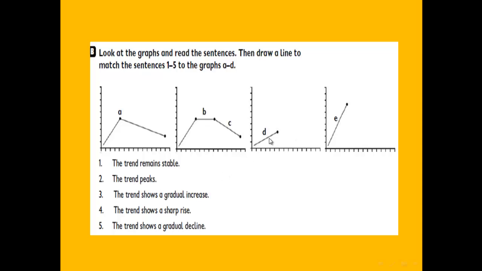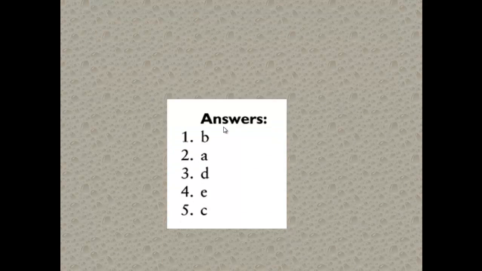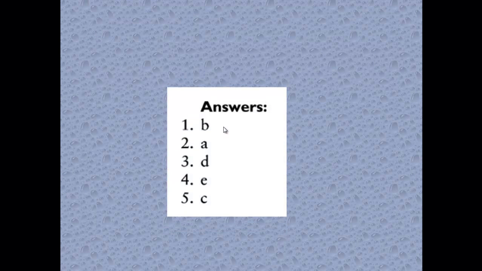Here, number C, decline, because it goes down. The answers are B for the first one, A for the second, D for the third, E for the fourth one, and C for the fifth.